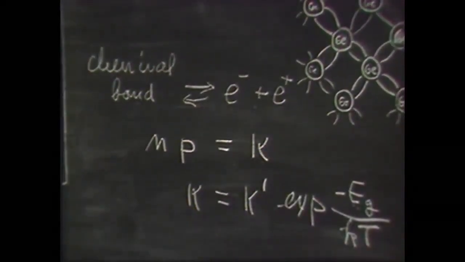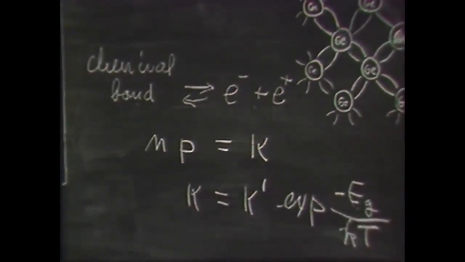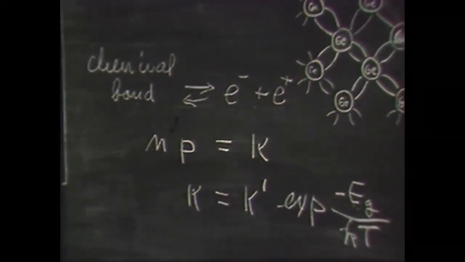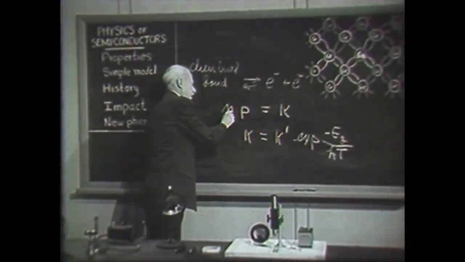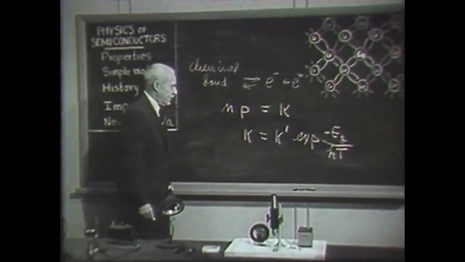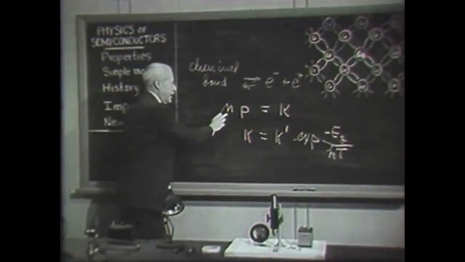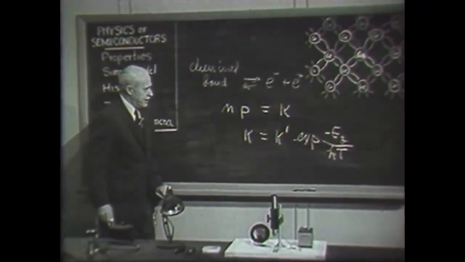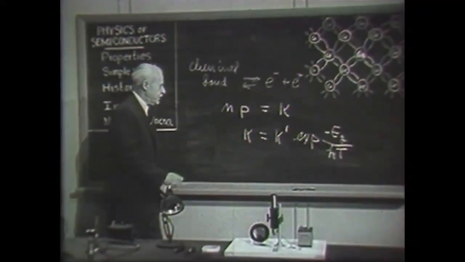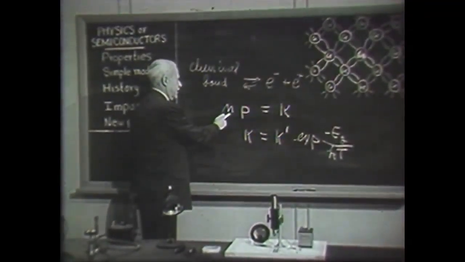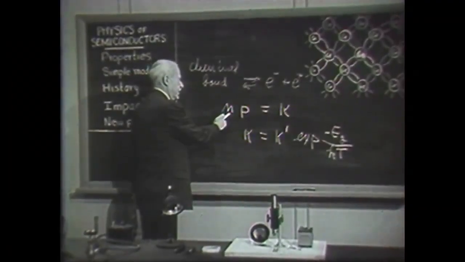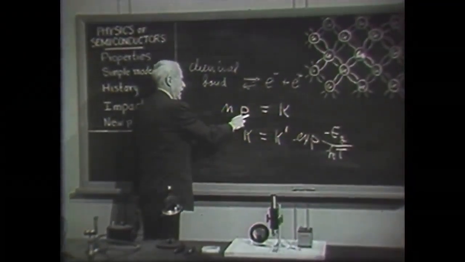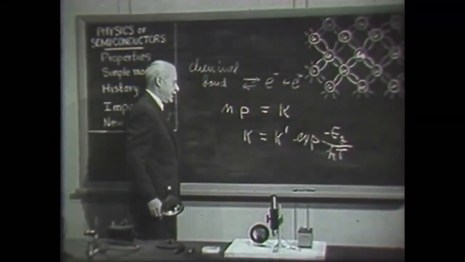Here we see, then, we have a model for our phenomena. In the case where the crystal or medium is pure, n is equal to p. But in the case where there has been an impurity added, such as to give us extra electrons, then n is increased, but because of the necessity of the product being equal to a constant, p has been decreased.